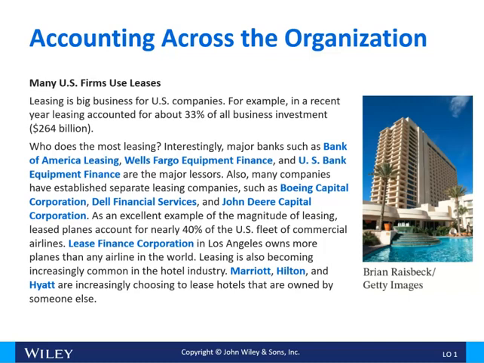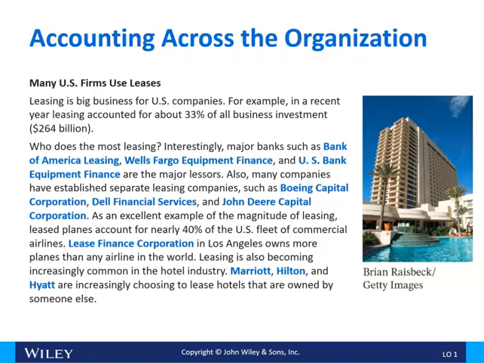There's a company called Lease Finance Corporation in Los Angeles that owns more planes than any airline in the world. That's kind of mind-boggling: they buy the planes from Airbus or Boeing, maybe some private planes as well, and then lease them to the people actually using those planes, and they make their income through the lease payments.